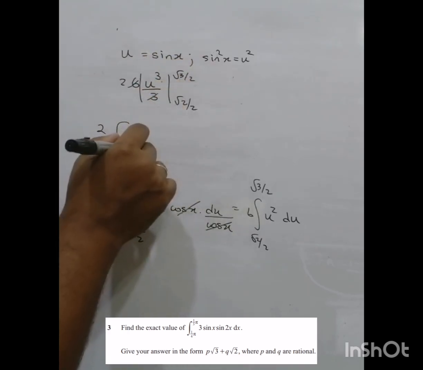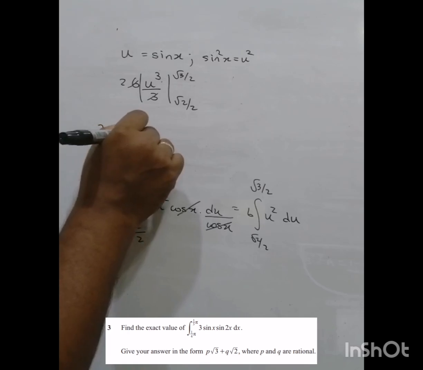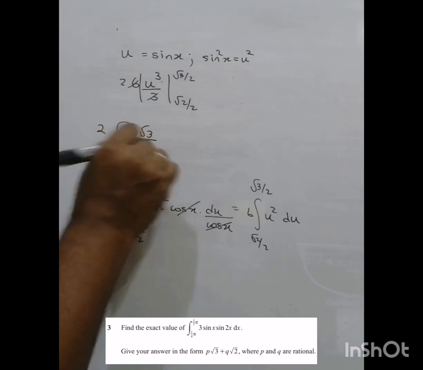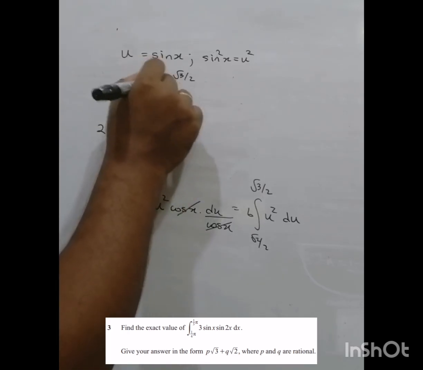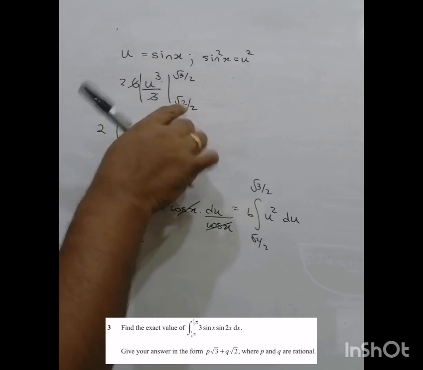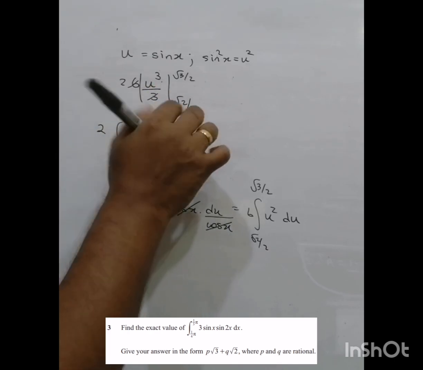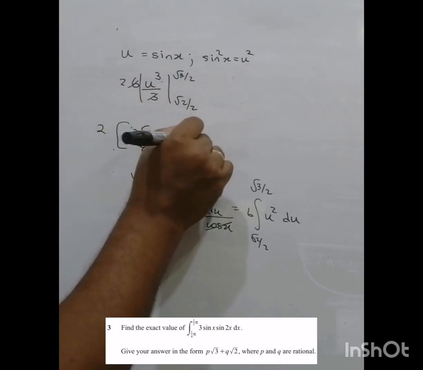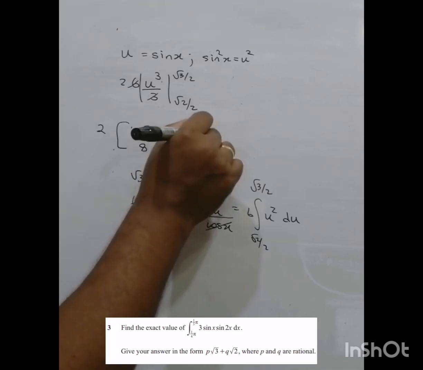Root 3 over 2 cubed would be 3 root 3 over 8, minus the lower bound, root 2 over 2 cubed, that is 2 root 2 over 8.